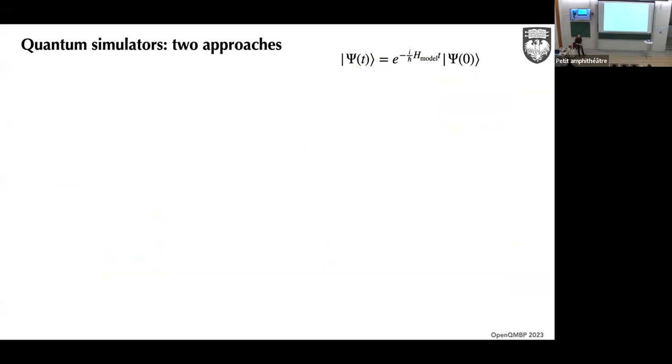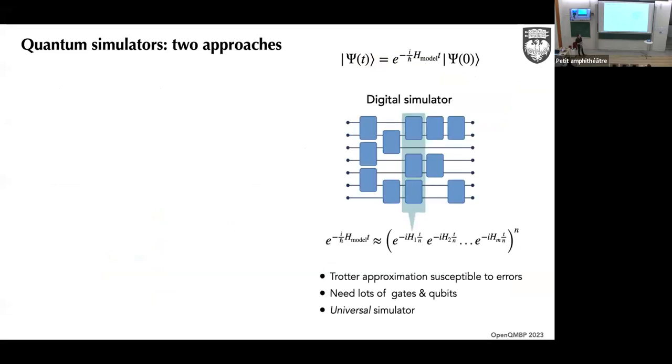There are generally two approaches to do this. There's the digital approach using a universal quantum computer, where the idea is that you want to characterize your Hamiltonian by decomposing it into a set of local 1 and 2 qubit gate operations over finite time slices, and you repeat this sequence many times to improve your accuracy of implementing your model.